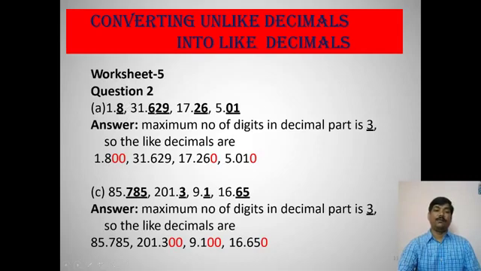That means we have to make 3 digits in the decimal part by writing zeros behind it. For example, 1.8 has one place, so we add two zeros to make 3. In 17.26 there are 2 digits, so we add only 1 zero. In this way, now the number of digits in the decimal part is the same.